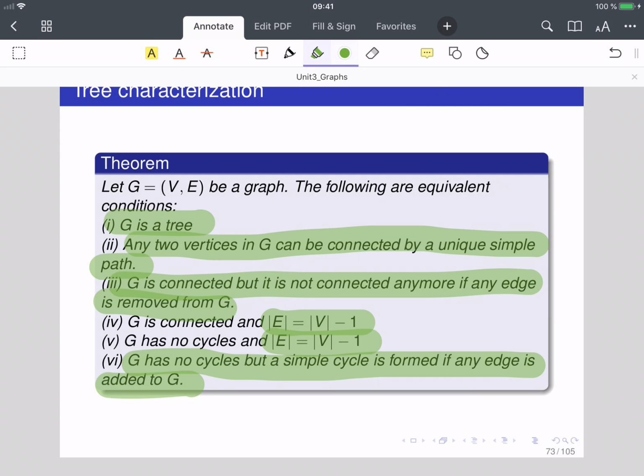There is, for instance, a very important, very interesting problem of finding what we call spanning trees, which are trees which are part of a graph. We are given a graph and we want to find a tree in that graph.